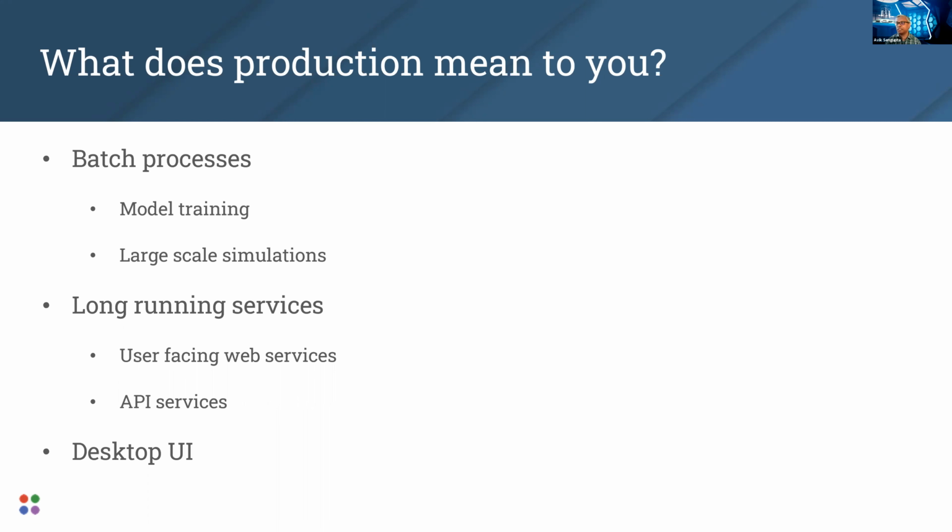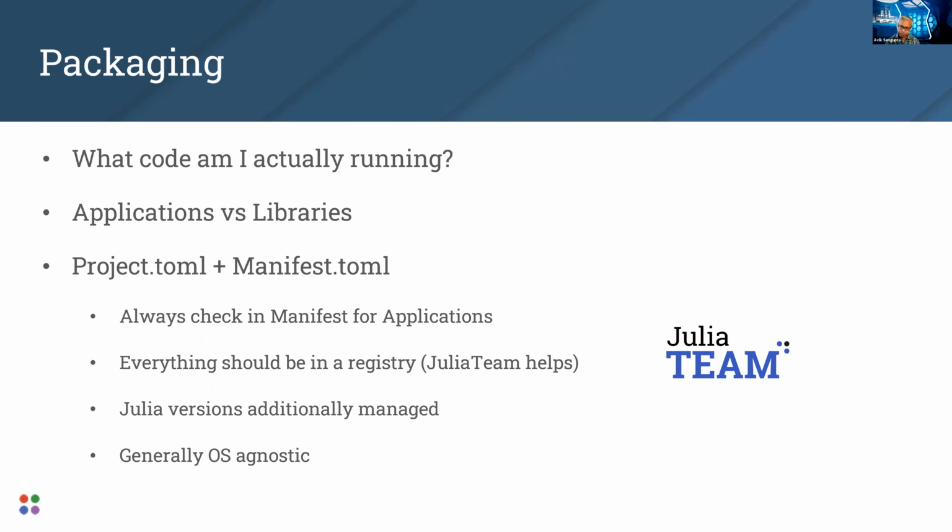To some people, production might also mean desktop UIs, graphical applications that are used individually on people's desktop. And while that is much less prevalent, it's certainly possible to do that in Julia today, right?